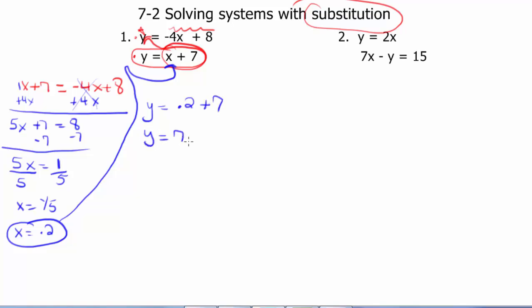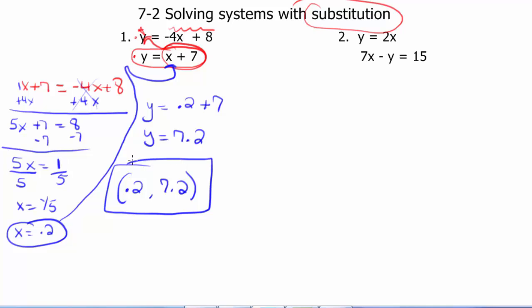So y equals 7.2. So your coordinate is 0.2, 7.2. If you want to leave those as fractions, I'm fine with that as well. That's your answer. That's where, if you were to graph these, that's where they would cross. But the reason why you can't graph them is it'd be hard to know it was 0.2.